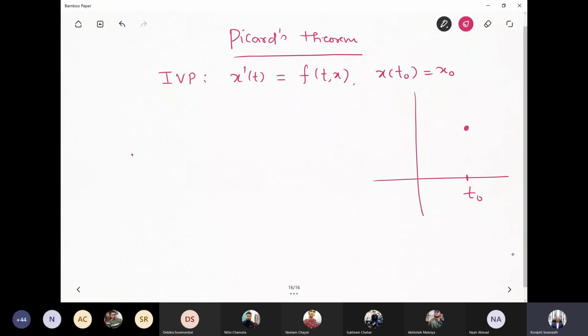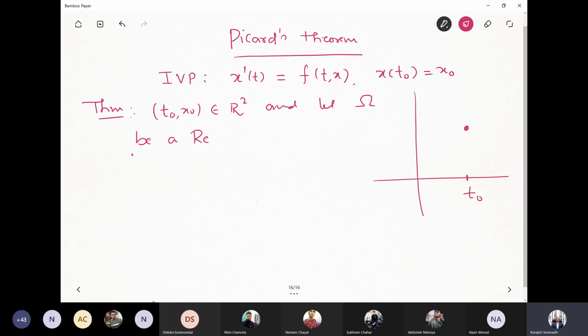What Picard's theorem says is, for a given point t naught, x naught in R2, let omega be a rectangle, or you can take a domain.